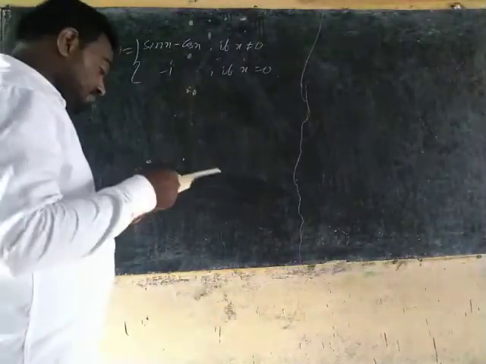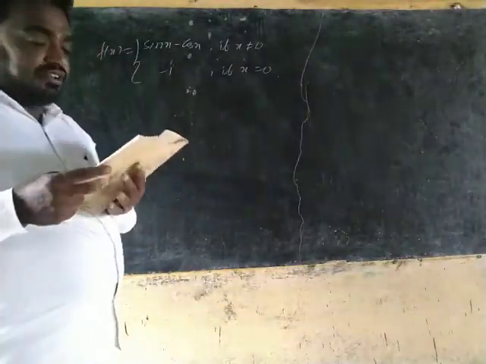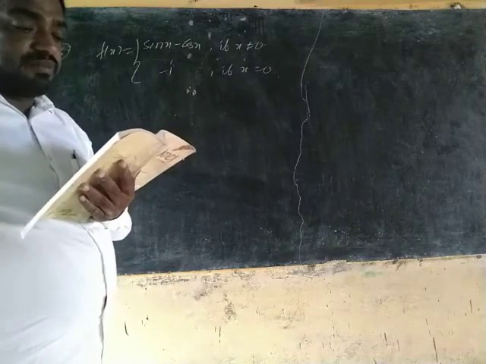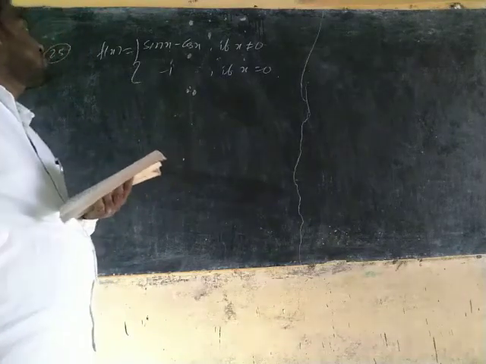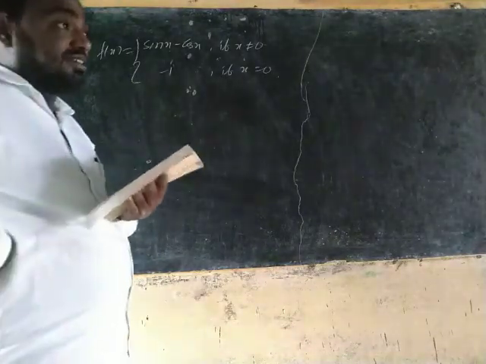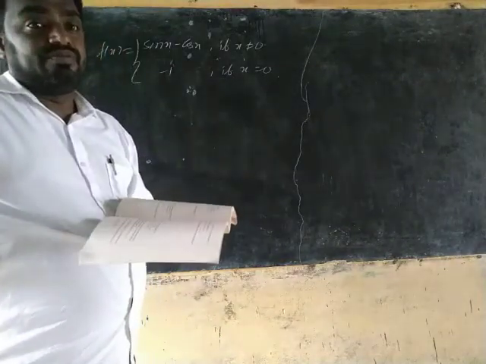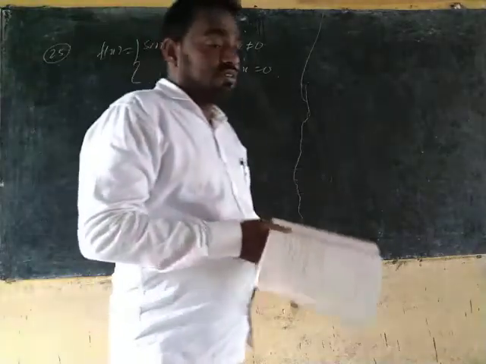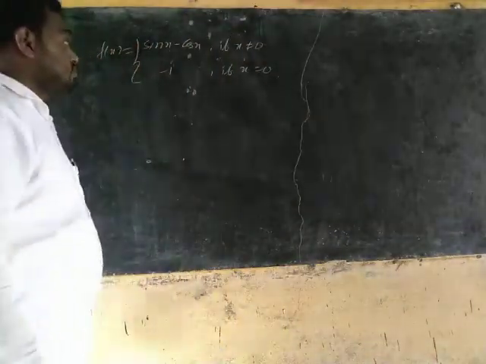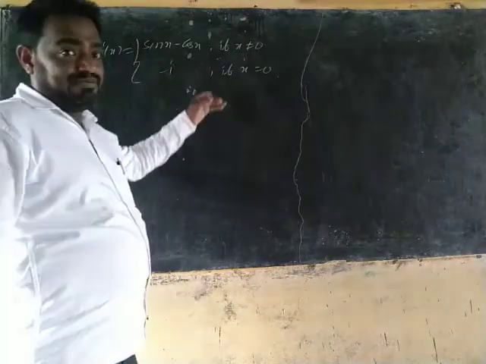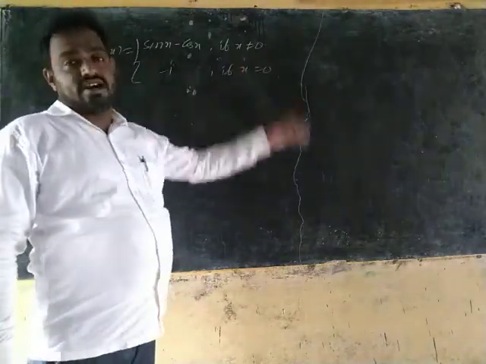25th question. Examine the continuity of f, where f is defined by f of x is equal to sin x minus cos x if x is not equal to 0, and minus 1 if x is equal to 0. This is our question, so we need to check the continuity of this function. This function is defined at x equal to 0 and at x not equal to 0.